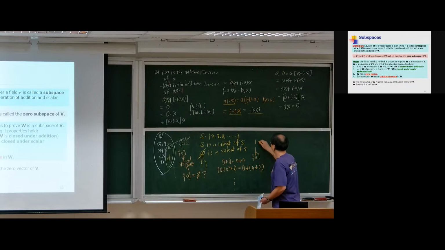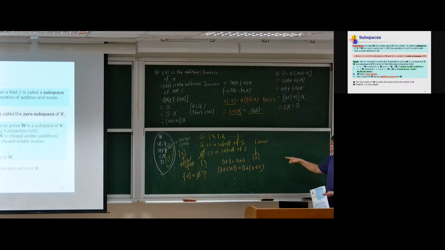We have only one vector, which is 0. So this is the vector space that consists of only one vector.